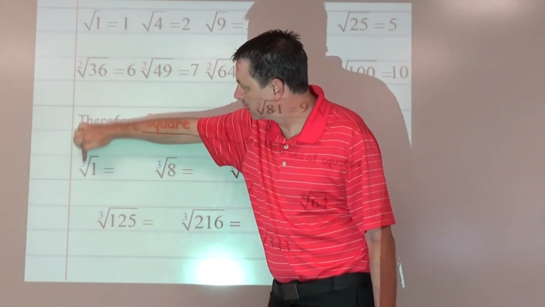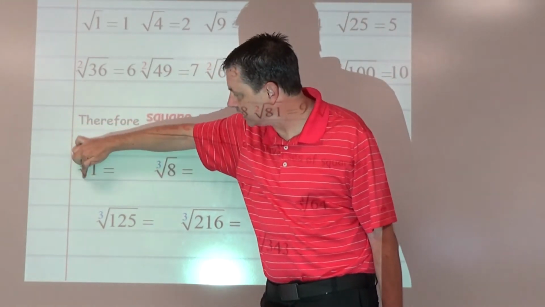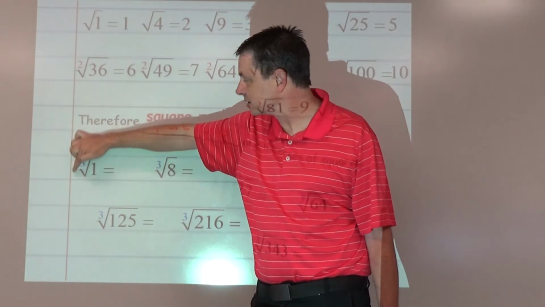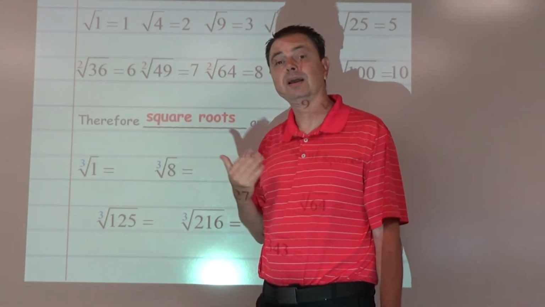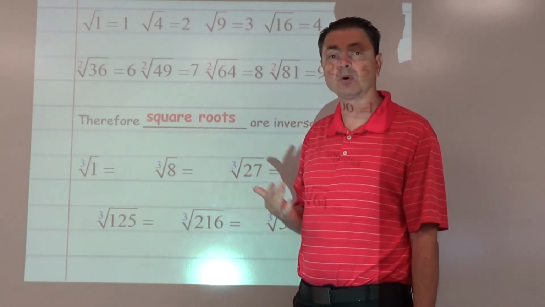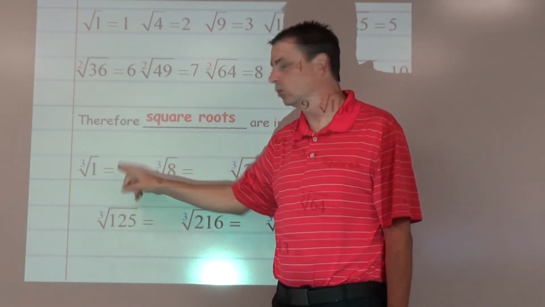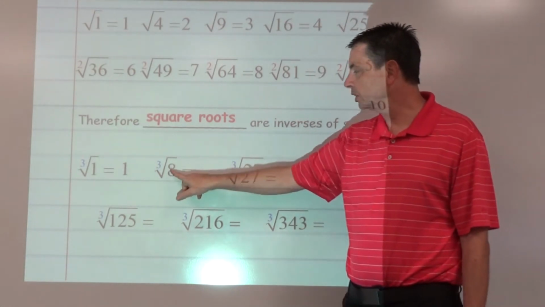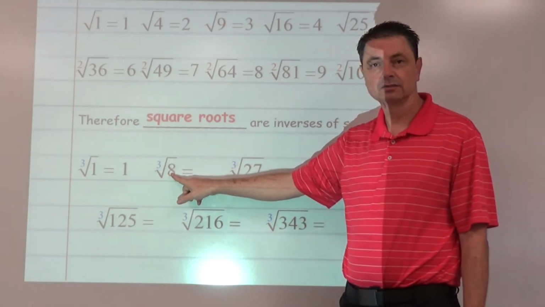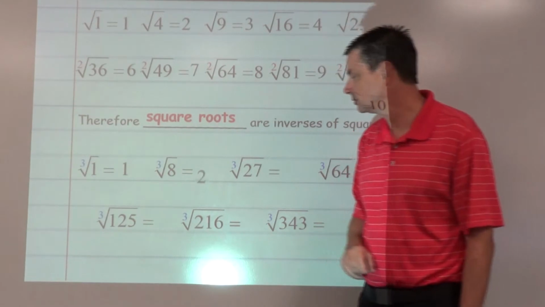So this time we see there's a 3 in the notch. That's the index, saying third root of 1. What is the cube root of 1? Basically asking, what number would you cube to get an answer of 1? And the answer is 1. What would you cube to get 8? 2.